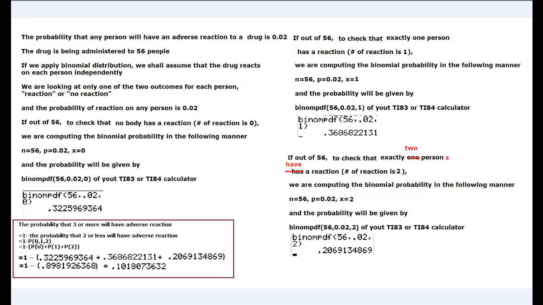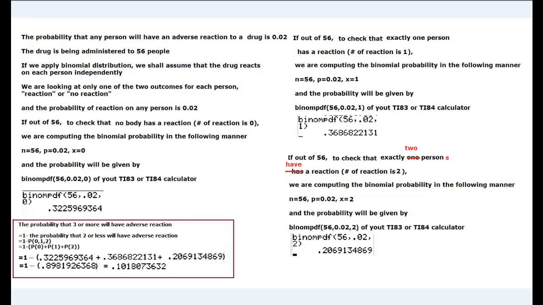The probability of 0 or 1 or 2 is the sum of their probabilities. So we take these numbers, add them up, and subtract from 1, and we get the probability that 3 or more will have an adverse reaction, approximately this number.